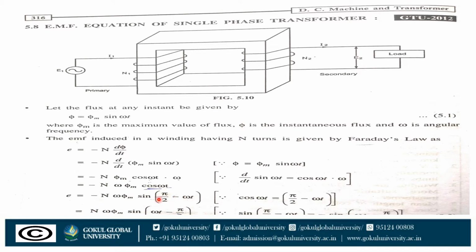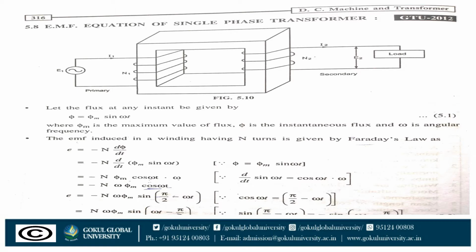Now here we want the terms in sin of omega t minus pi by 2, so we multiply by a minus sign. Minus minus is plus, so we get n omega phi m into sin of omega t minus pi by 2, because sin of pi by 2 minus omega t is equal to minus sin of omega t minus pi by 2.